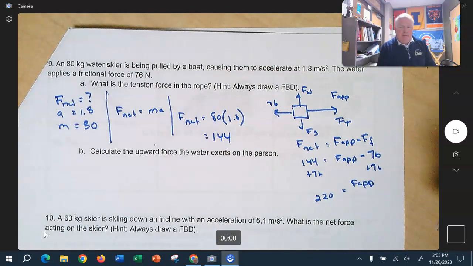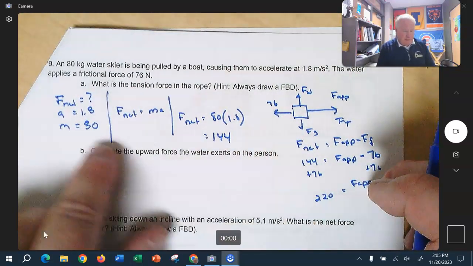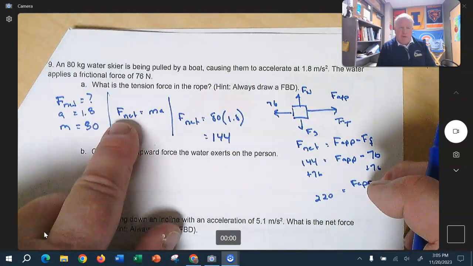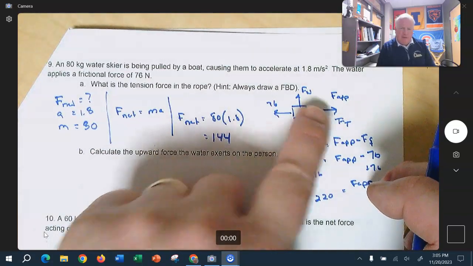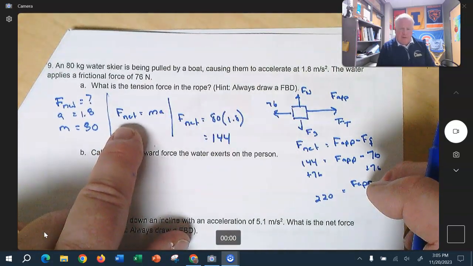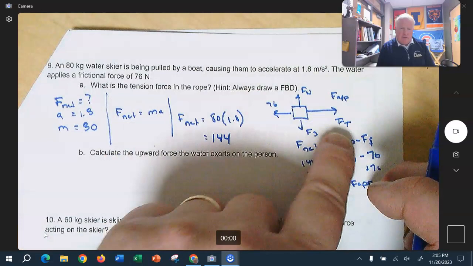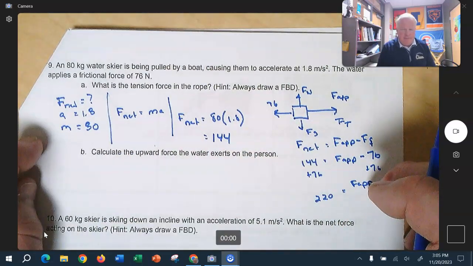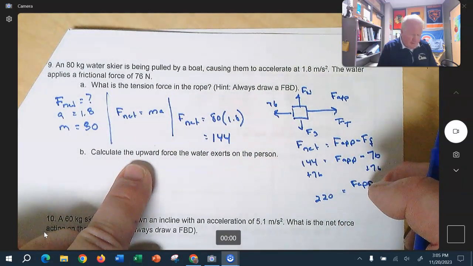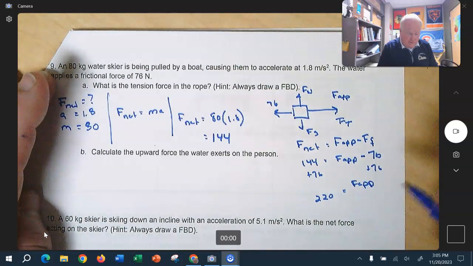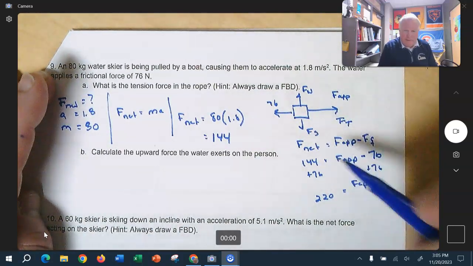A lot of us will miss that this is a two-part question because we'll think we're solving for the applied force when we're really solving for the net force, and then we have to put it into our free body diagram. Calculate the upward force. They're just asking you to find the weight.